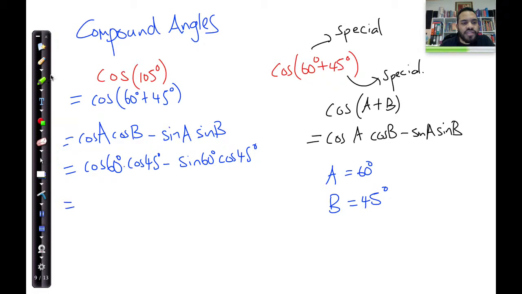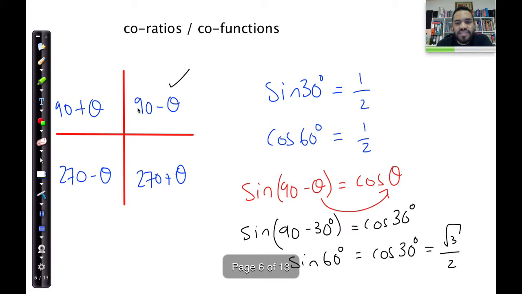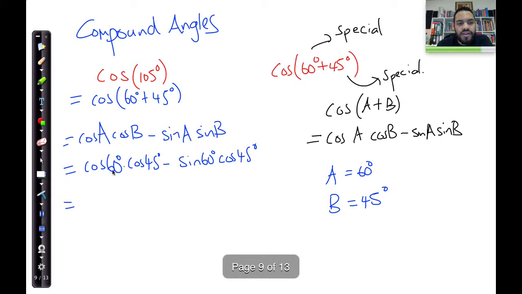Now the truth is, these are special angles. Cos of 60 is a special angle, and it's something you've seen before. If I go look at our special angles, cos of 60 is equal to a half, and cos 45 is root 2 over 2. So we can just fill that in.